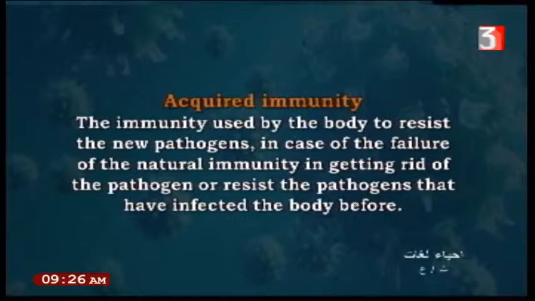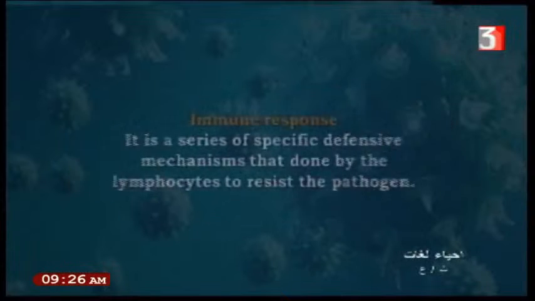This means, if the natural immunity inside our body fails to remove this pathogen, we need another type of immunity known as acquired immunity. This acquired immunity may come from antibiotics, vaccine or serum.